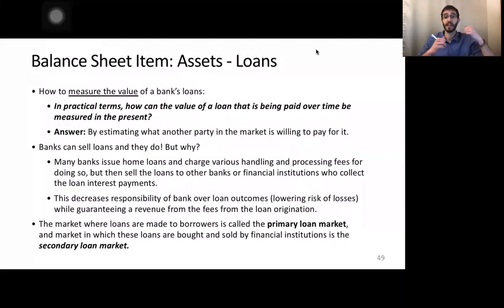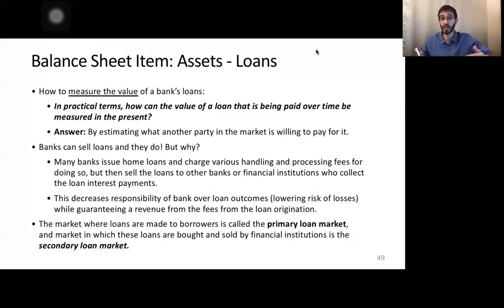It depends on the comparability of that loan with all the other loans in the market. Remember, loans can be very different from one another. It depends on who's getting the loan, because each borrower has a different risk of default. Several things come into play, and I'll show a bit more of these in the next slide. But it's whatever the market is willing to pay for it.